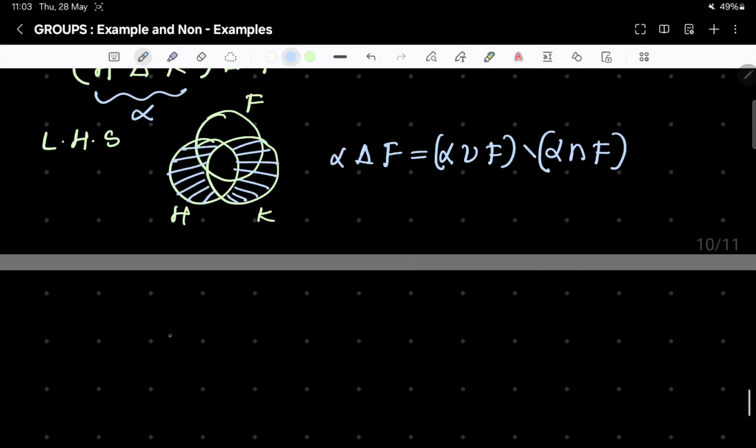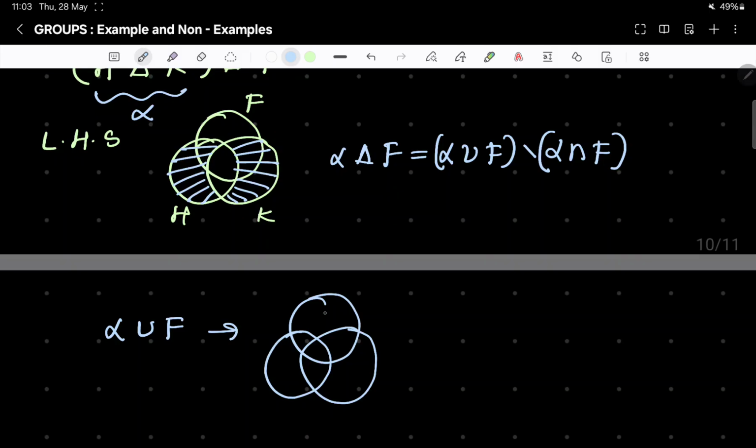So in the second step, alpha union F I am going to draw. You can see everything will come except the small portion.